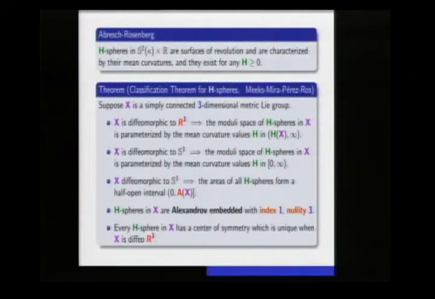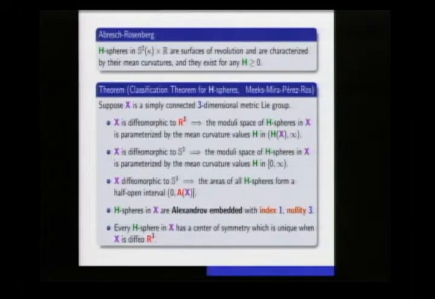Every H-sphere in such a space has what we call a center of symmetry. This is also true in S2 cross R, if it's not minimal. Anyway, so we have a center of symmetry, and what that means is there's a point in the space, if it's R3, it's uniquely determined, and all the ambient symmetries of that point are actually symmetries of the sphere.